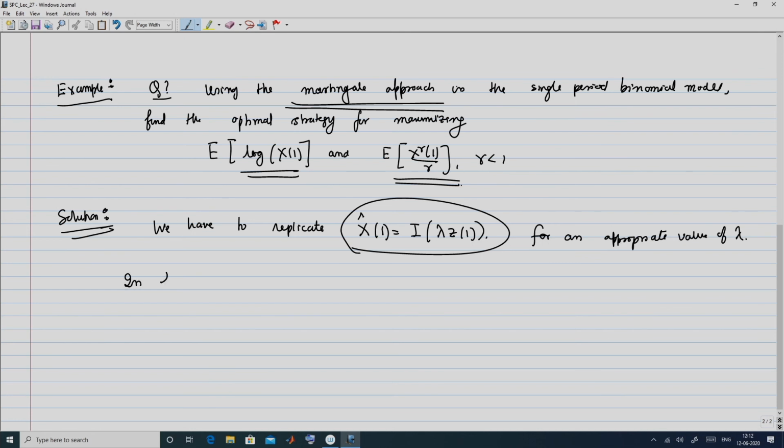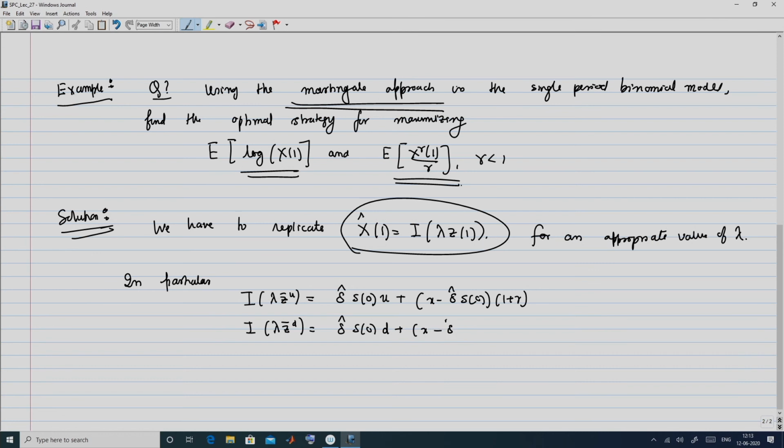In particular we have I of lambda z bar u, and I will explain what z bar is, equal to delta hat s naught u plus x minus delta hat s 0 into 1 plus r, and I of lambda z bar of d is equal to delta hat s 0 into d plus x minus delta hat s naught into 1 plus r.